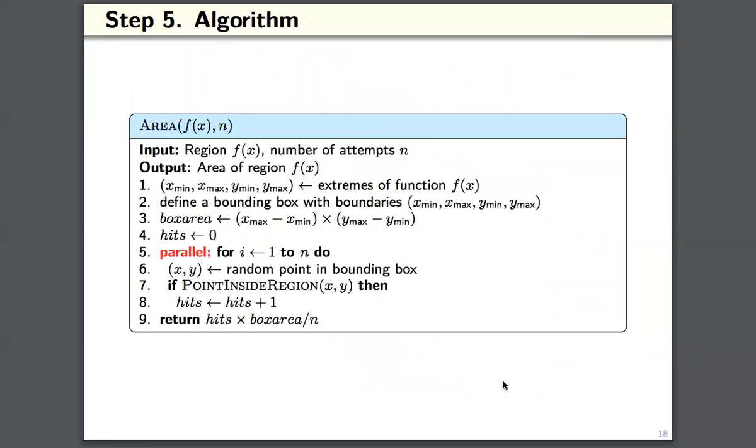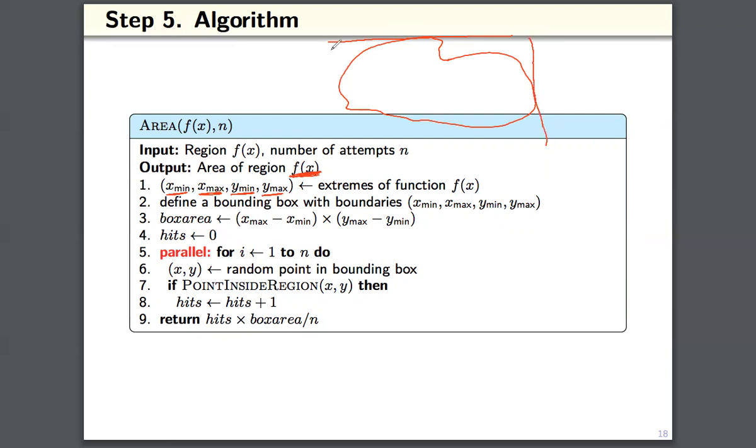So here is the pseudocode. You are given f of x. F of x gives you the closed shape. You find the x minimum, x maximum, y minimum, y maximum. Simple idea is to create a bounding rectangle, something like this.